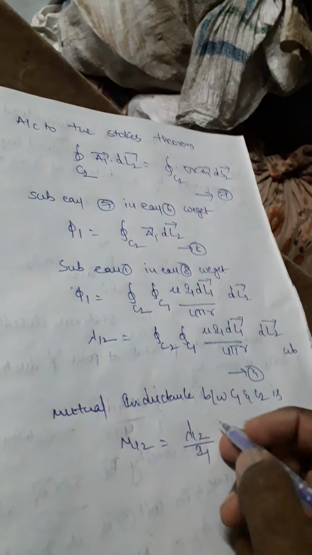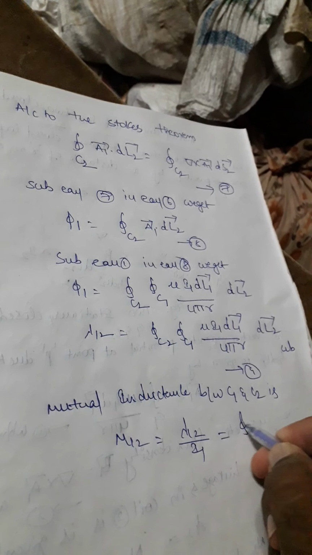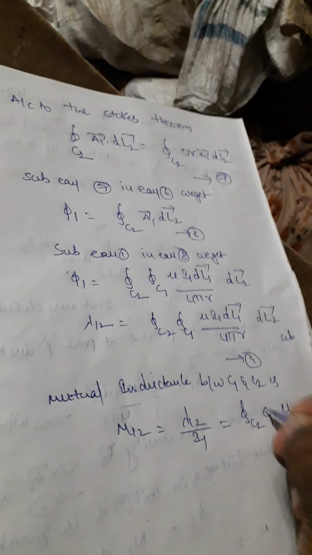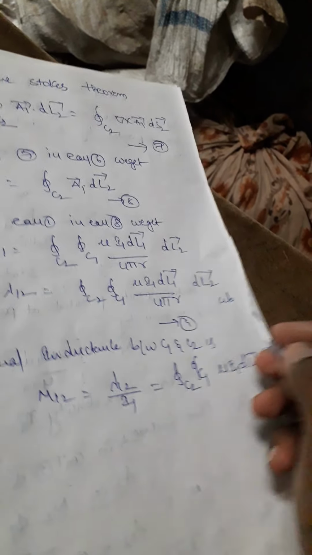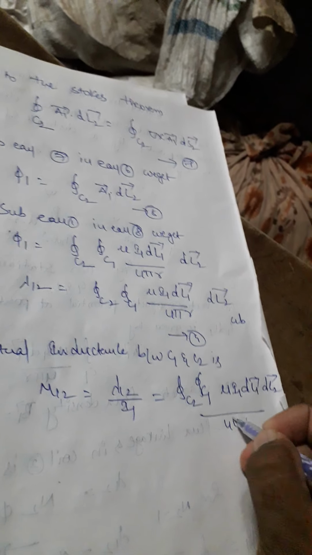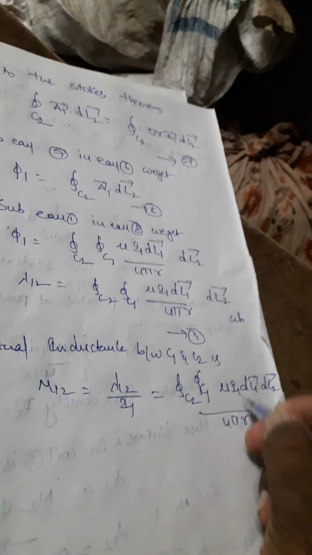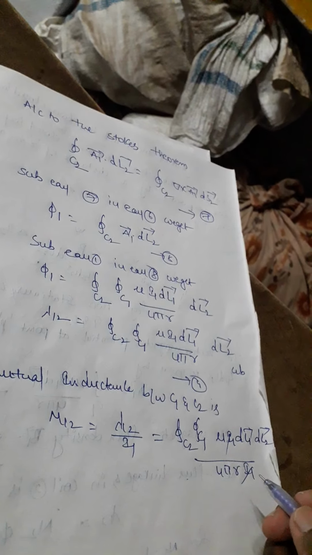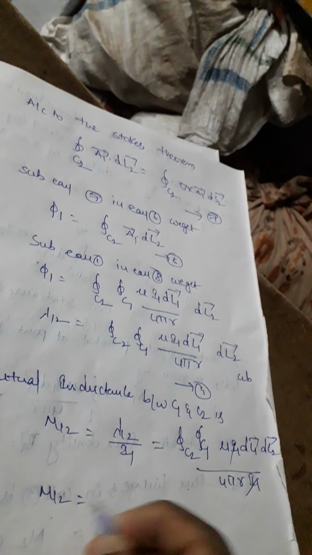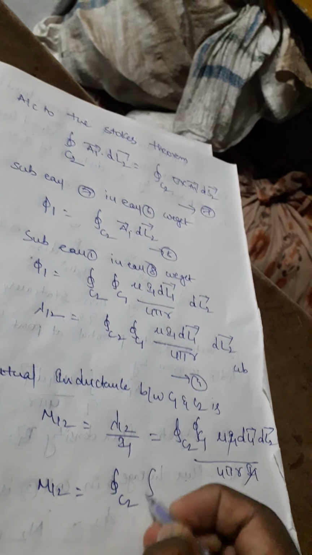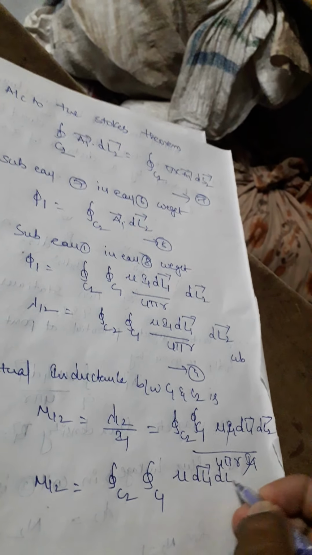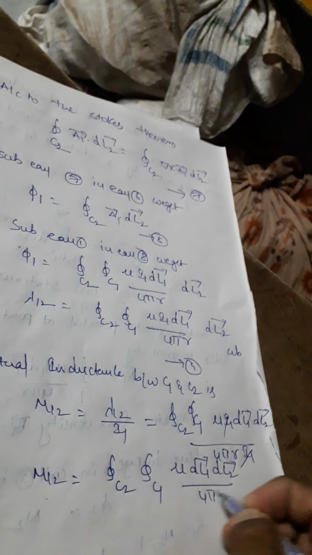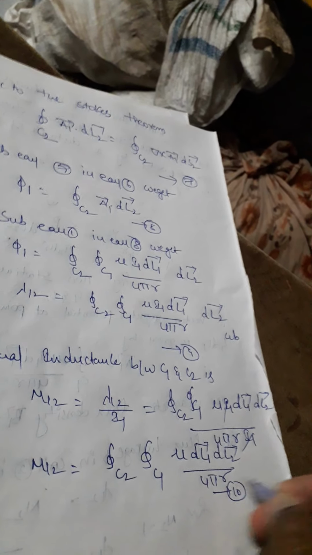That is equal to the closed contour integral over C2 and C1 of mu I1 dl1 bar dl2 bar divided by 4 pi r, divided by I1, where the I1 terms cancel out. So M12 is equal to the closed contour integral over C2 and C1 of mu dl1 bar dl2 bar divided by 4 pi r, which is equation number 10. Units are Henrys.